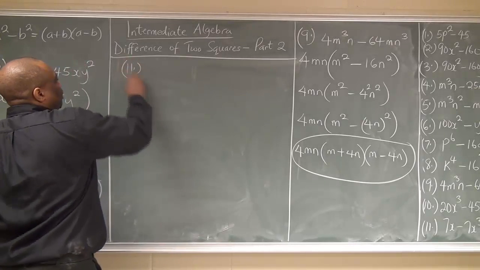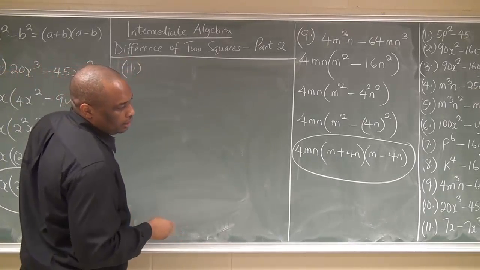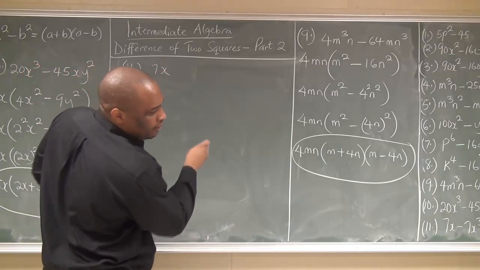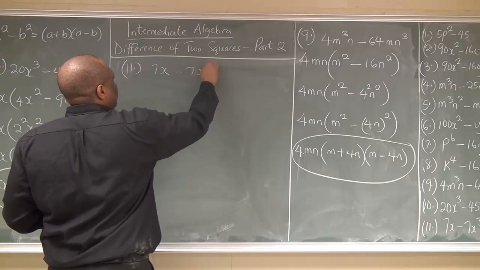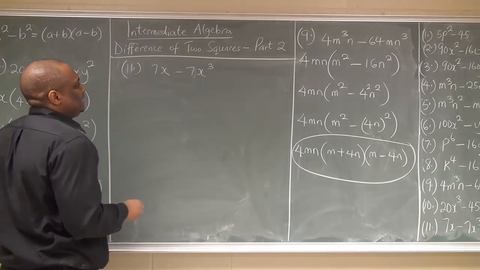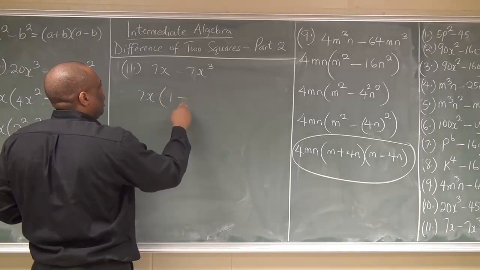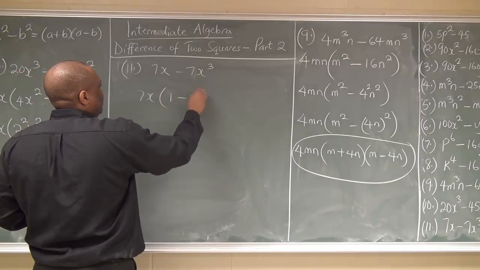Question 11. 7x minus 7x cubed. What is the GCF here? Of course, it's 7x. This is 1 minus x squared.